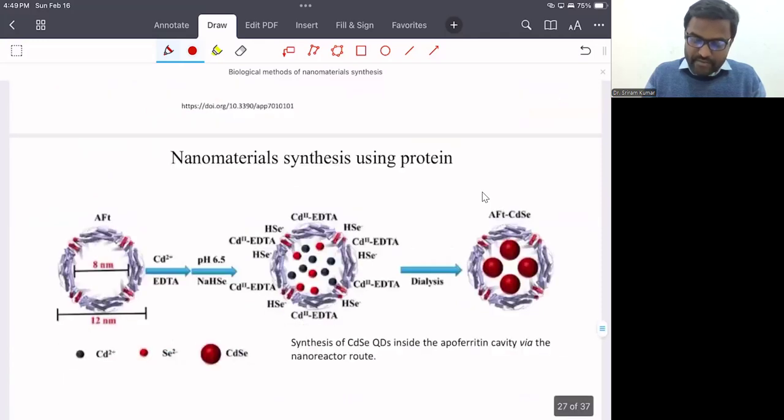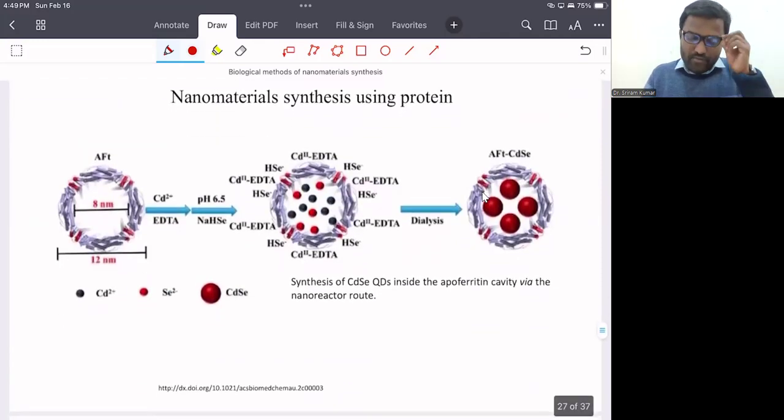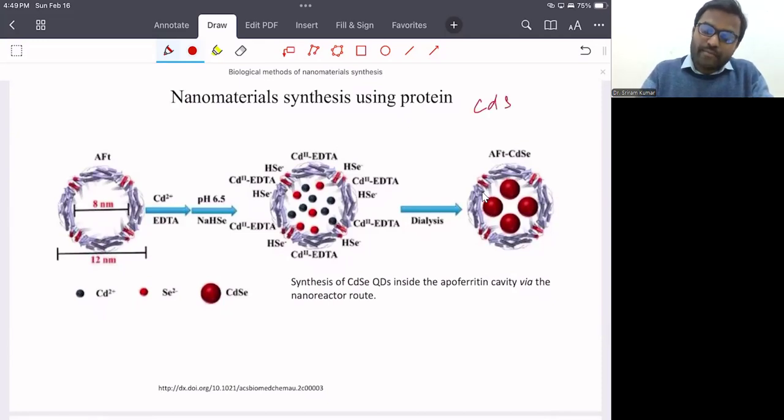So now let's understand with a different example how to use this protein for the synthesis of maybe cadmium selenide quantum dot. Here we can again exploit the size of the cavity of the ferritin protein.